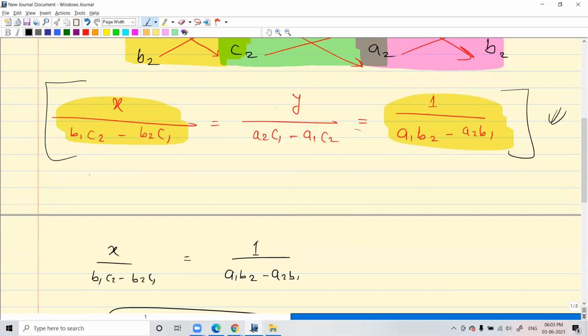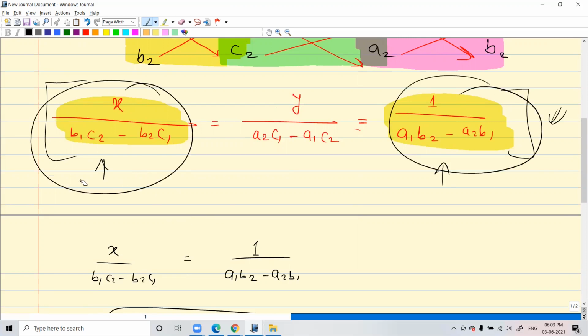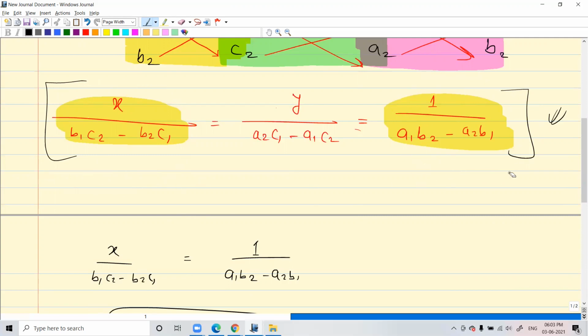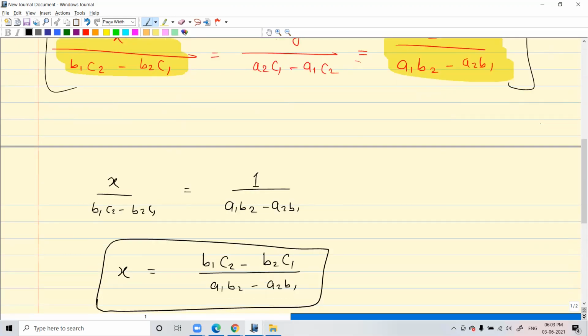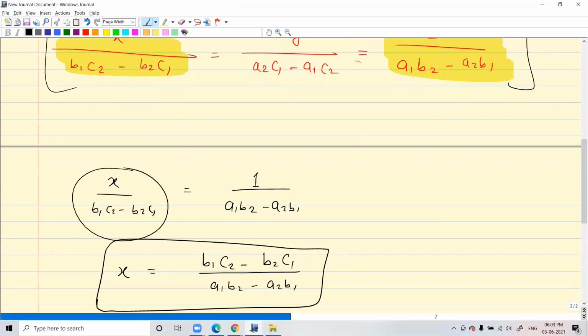Okay, after that, I took the first ratio and the last one and made them equal, because all three of them are equal. So the first ratio will be equal to the third one. That is what I did to get the x value. x by whatever was written here equals 1 by this.